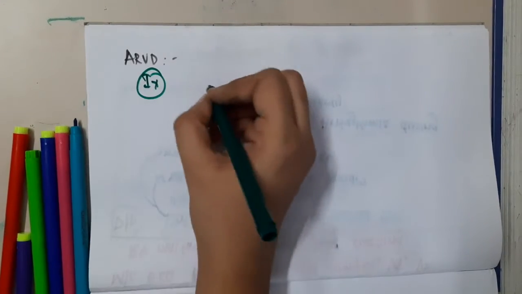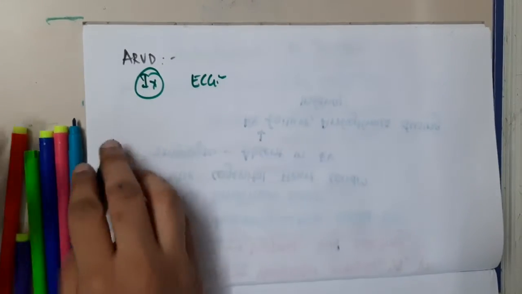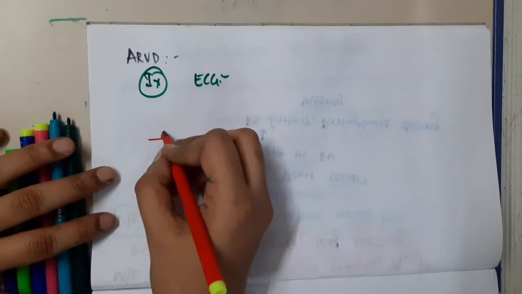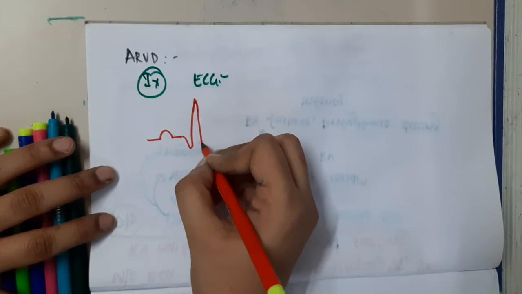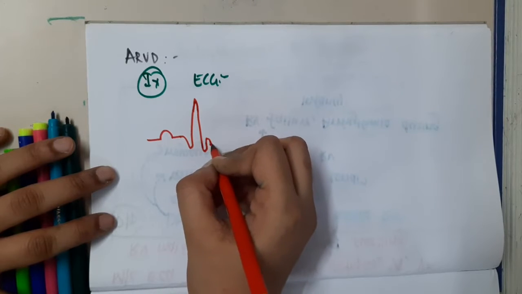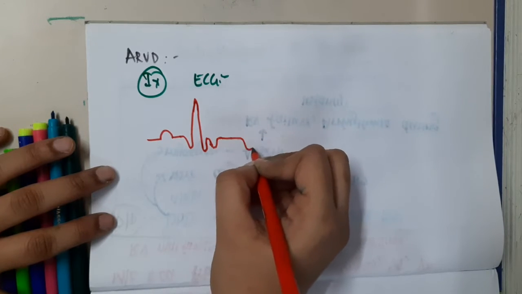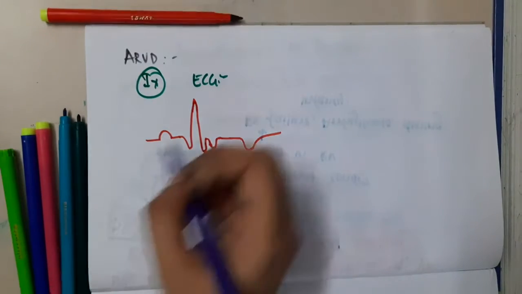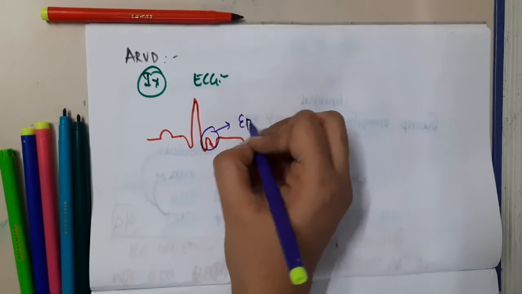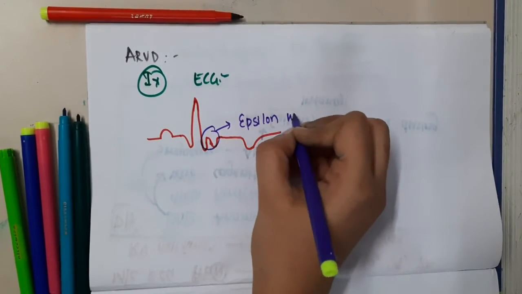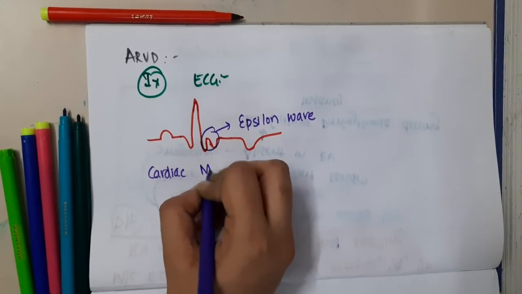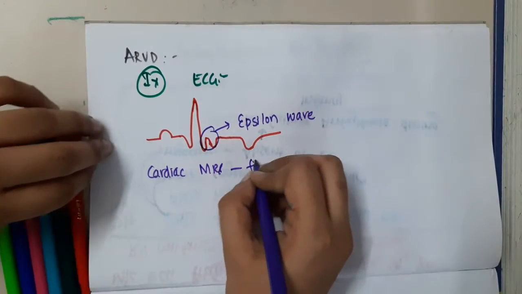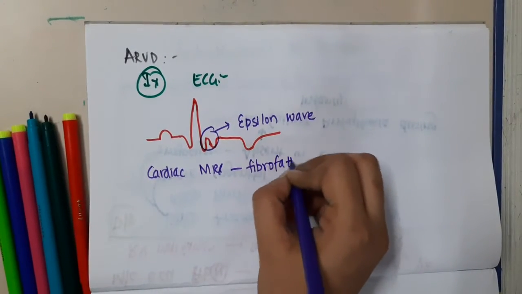Now if you see the investigations, in the ECG you will see the presence of an epsilon wave. This wave which you are seeing here is called the epsilon wave. If you do a cardiac MRI, you will see fibrofatty tissue.